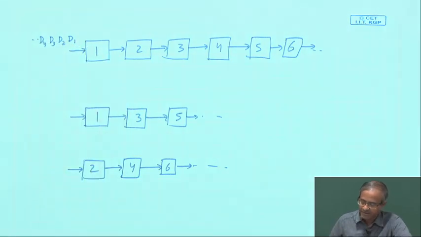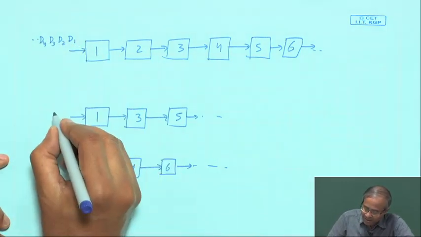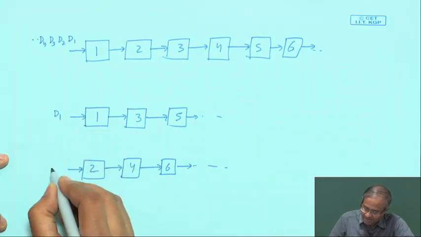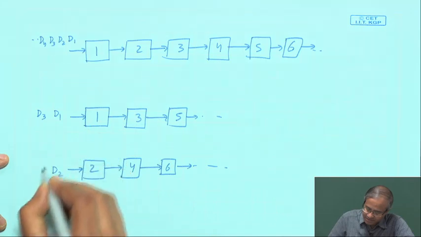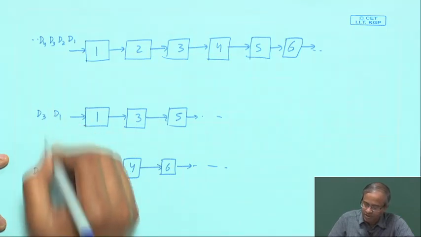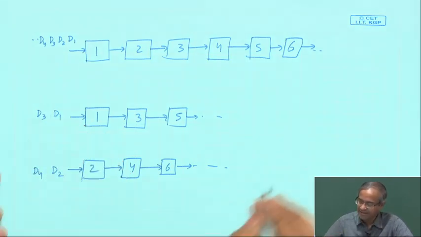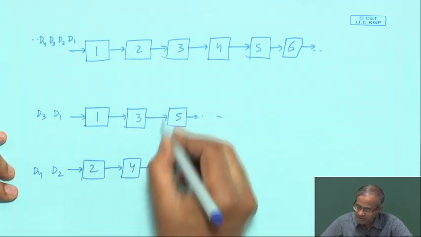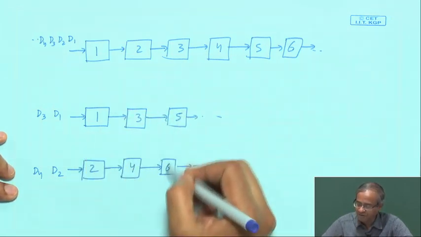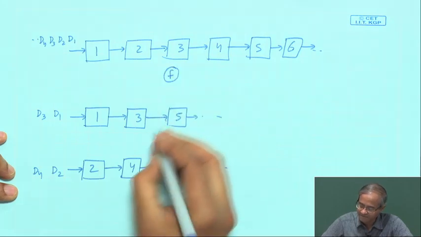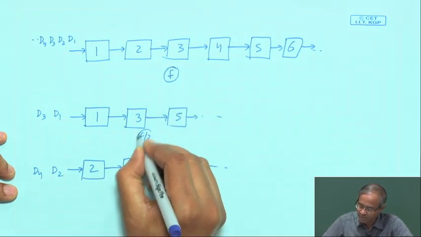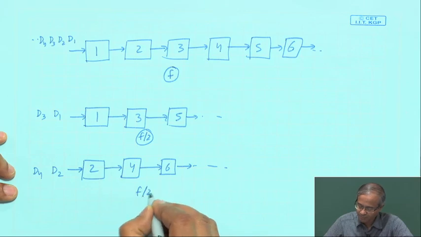Here, I apply D1 here, then D2 here, then D3 here, then D4 here alternately, and I clock these shift registers at half the clock frequency. Here the frequency was f, here I am clocking at f by 2 and f by 2.